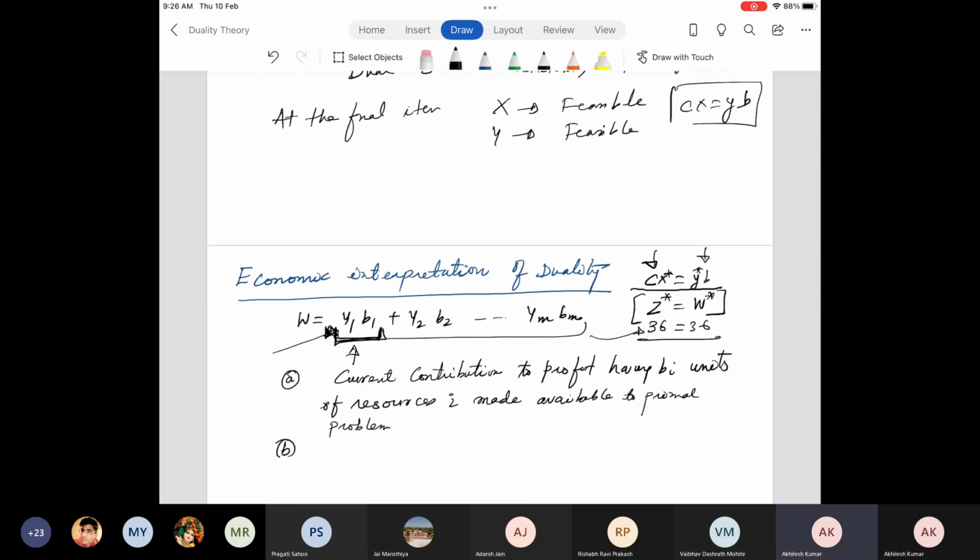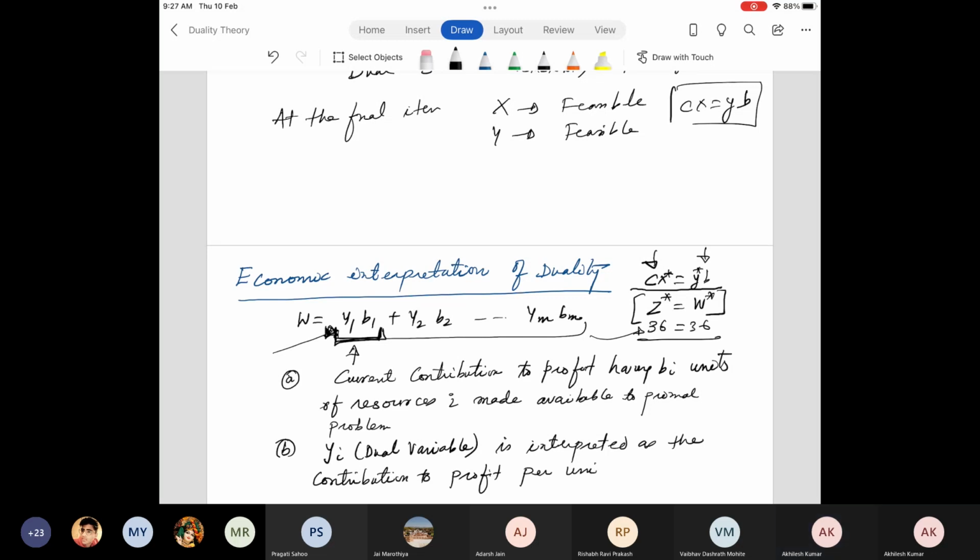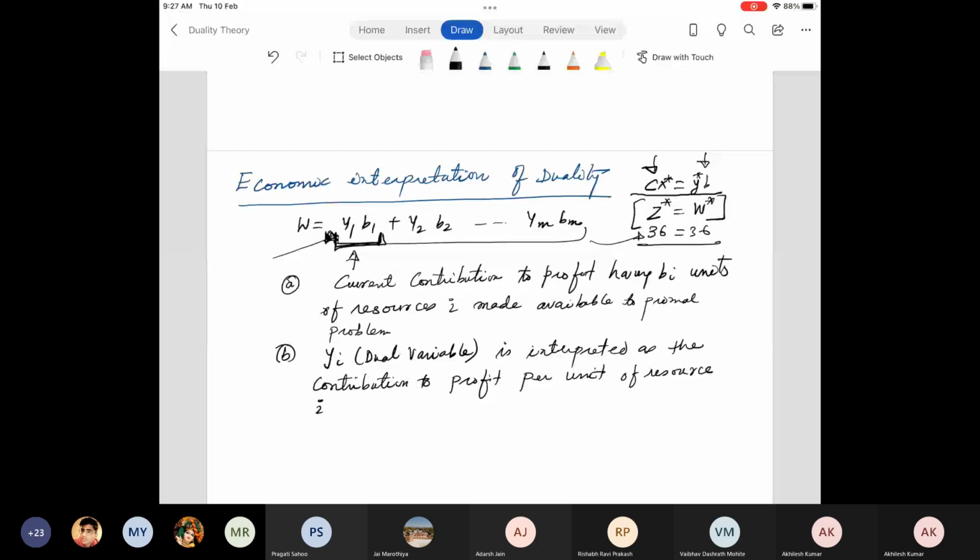Second point is the dual variable. So now going forward, we'll call yi the dual variable. It is interpreted as the contribution to profit per unit of resource i, when the current set of basic variables is used to obtain the primal solution.